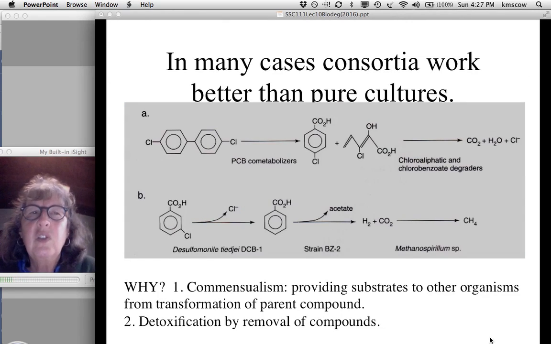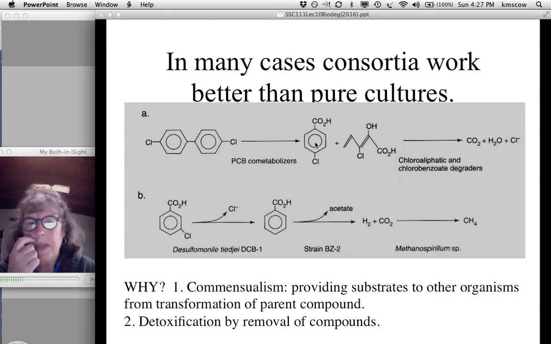In general, consortia work better than pure cultures in breaking things down. And this can be through commensalism, where there are organisms like co-metabolizers of PCB that produce these molecules. This one actually has a chlorine on it, like I said, that can make it slow to degrade. But in this case, there are degraders of this form that then can carry it all the way. There can be ones that can handle the chlorine. So this is commensalism.